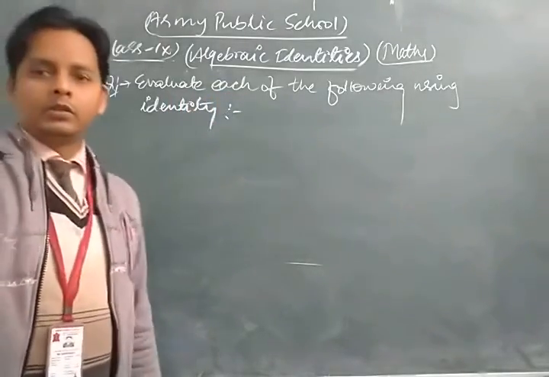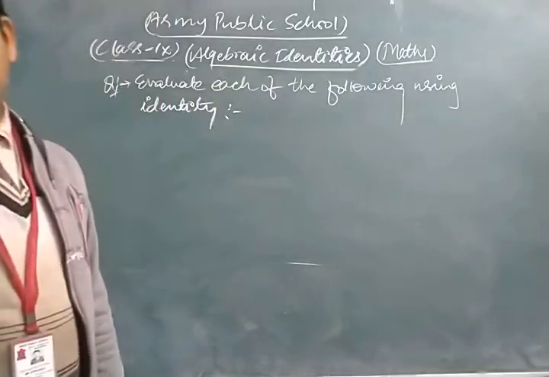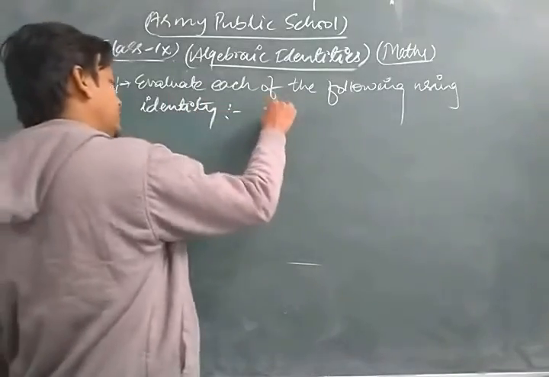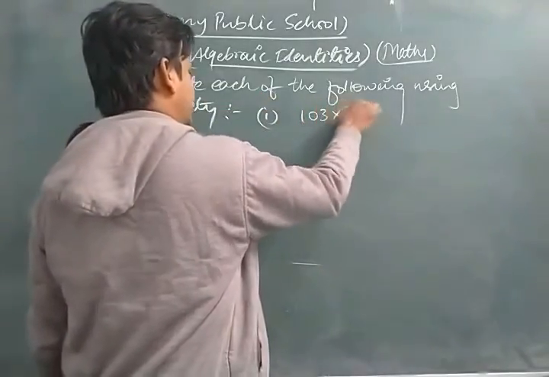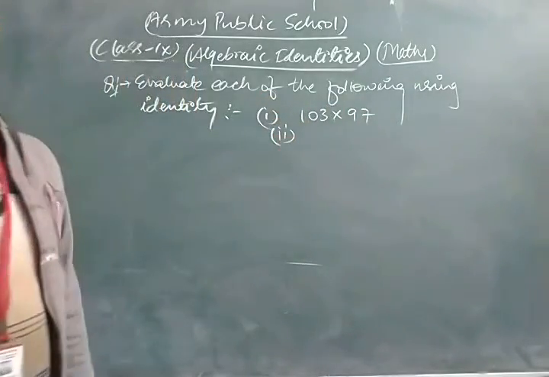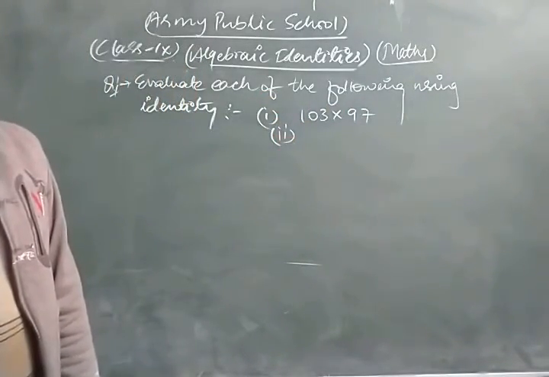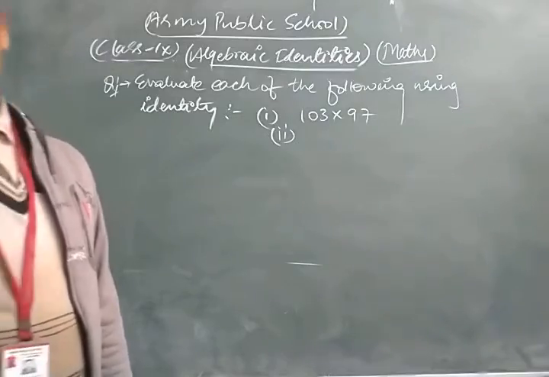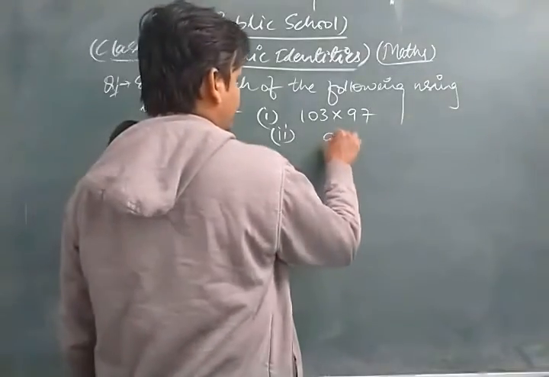And the first part of this question is 103 into 97. And the second one is 97 whole square.